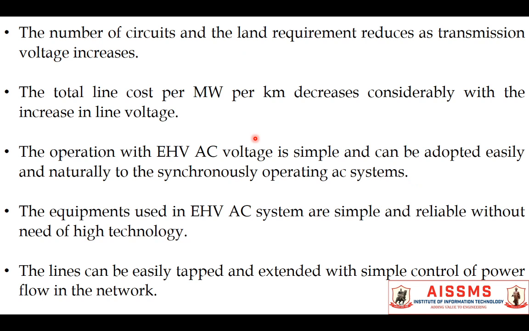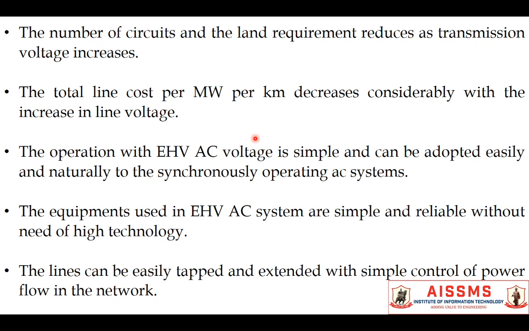Then some other advantages are that the number of circuits and the land requirement reduce as transmission voltage increases. The total line cost per MW per kilometer decreases considerably with the increase in the line voltage. The operation with EHV AC voltage is simple and can be adapted easily and naturally to the synchronously operating AC system.